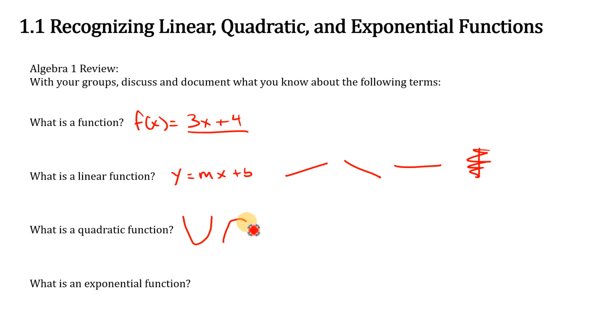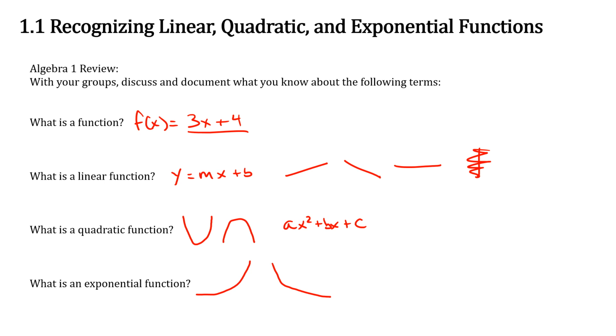Could be facing down, but it's facing one way or another. Usually people remember the whole ax squared plus bx plus c and maybe the quadratic formula if you learned that back then. If not, we'll cover it again this year. Exponential function, usually the graphs look like that or like that. We'll get into more of that here.